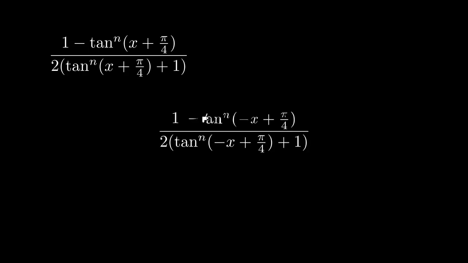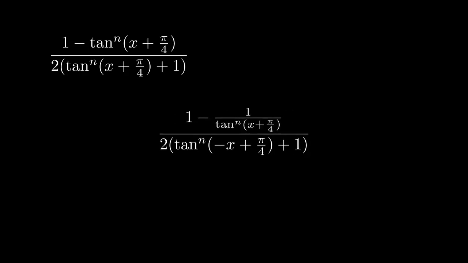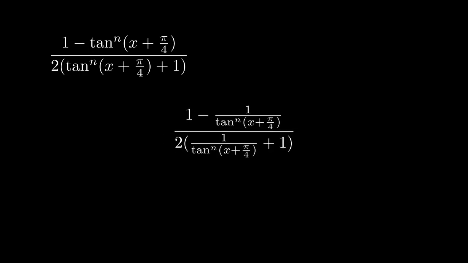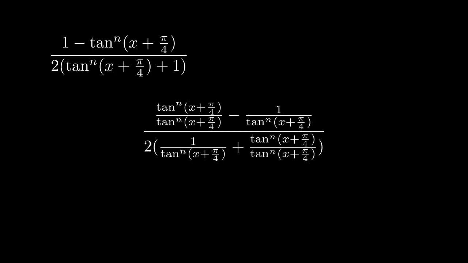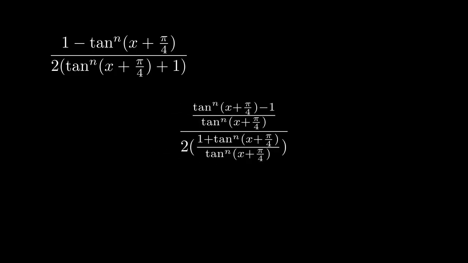The first thing we can do is turn all of these tan of negative x's into 1 over tan of positive x, as we just learned from our lesson with the unit circle. We can then multiply each of those 1's by tangent over tangent, which will allow us to combine the top and bottom each into their own fraction.